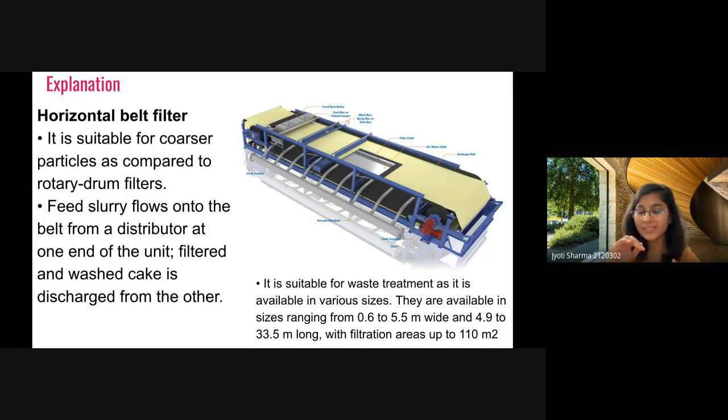If you can see this yellow color, this is your filter cloth. On that filter cloth you will have the sludge, and then the filter cloth can suck out that water, and that gives you the drier or dewatered sludge. So it is suitable for coarser particles in comparison to the rotary drum filter, and this is how it will work.